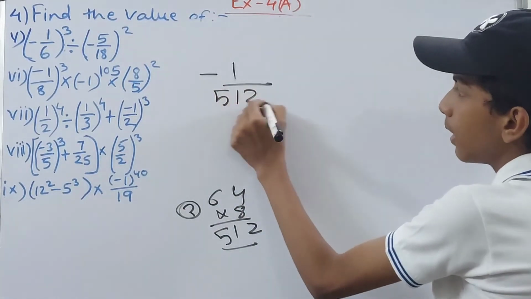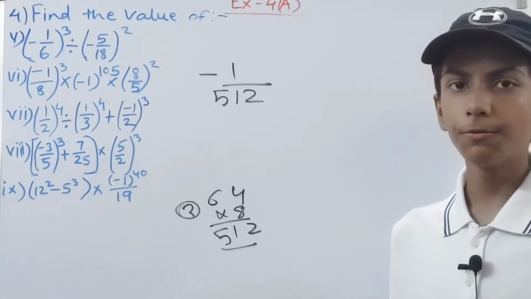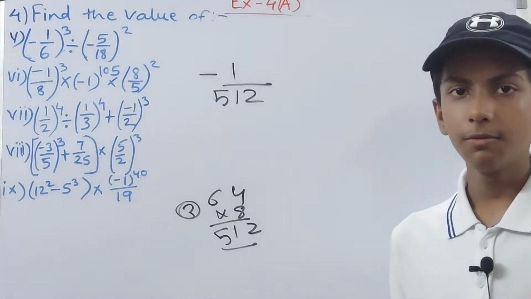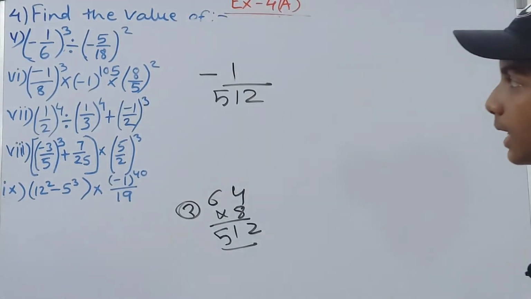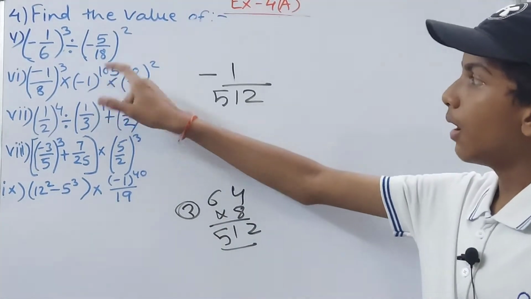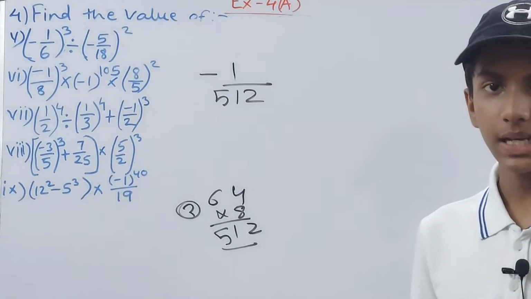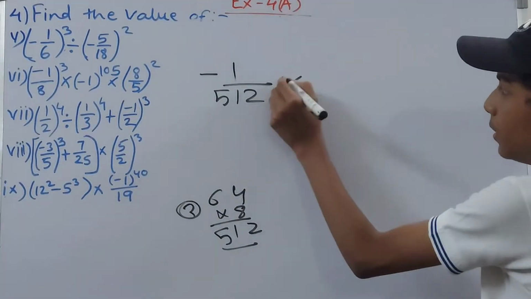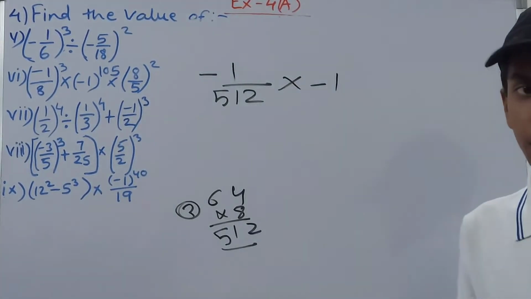This minus 1 to the power 105, so 1 to the power any power will give us 1 only, right? And you see here that our exponent is odd, and our base is negative, so our final product also becomes negative, right? So we'll have into minus 1 only, the power 105 will be removed now.